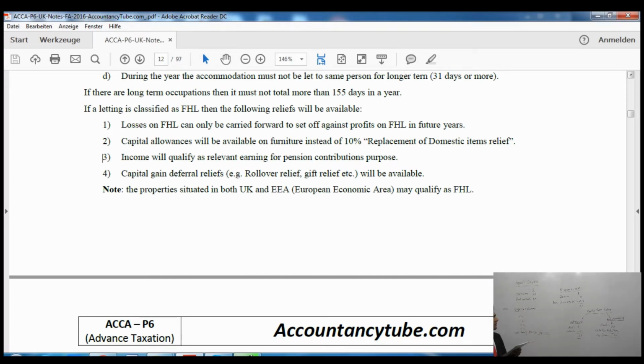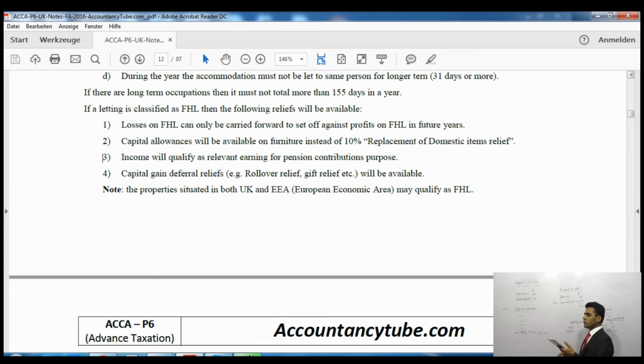Now, if you remember from your previous chapter, which was pensions, when calculating the tax benefit of the pension, income qualifying for tax relief was the higher of relevant earnings and £3,600. You remember? Now, relevant earnings in that case was inclusive of furnished holiday letting.